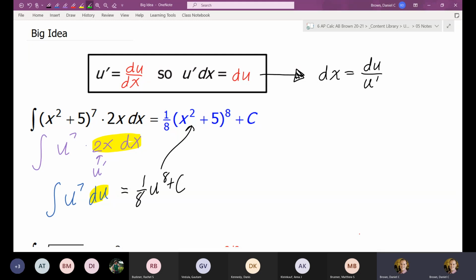If you don't memorize anything, I would memorize that statement. Again, this is where it comes from, but if you just memorize that, then you're good to go when it comes to u substitution. To show you why I think this is the best way to memorize it, I'm going to look at that second example we did and show you how it actually makes the problem simpler pretty quickly.